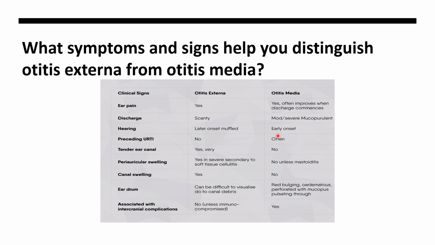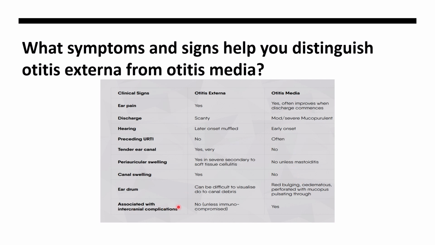Hearing is affected early in case of otitis media and later in otitis externa. There's a history of upper respiratory tract infection in media but not in externa. Tender ear canal, yes, in otitis externa it is pretty tender, and in otitis media, no. Canal soiling in otitis externa, yes, but in media, no.